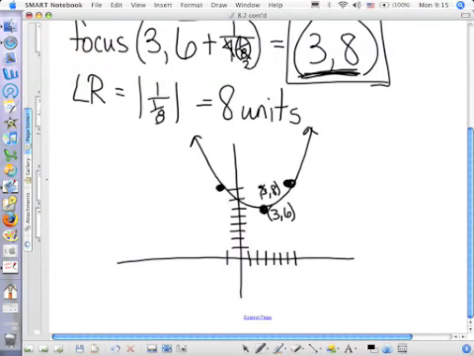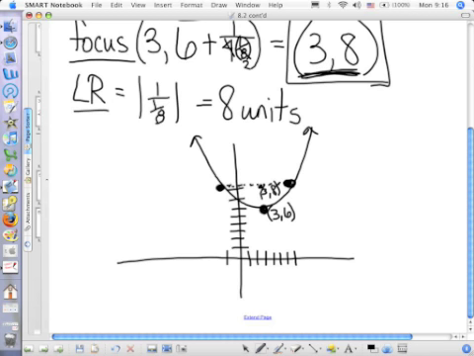And so I have a more clear picture of my parabola and what it's supposed to look like. Okay? Two things we've added, the focus and the LR. You have a question? Where'd you have the... I didn't, it's this imaginary line right here.